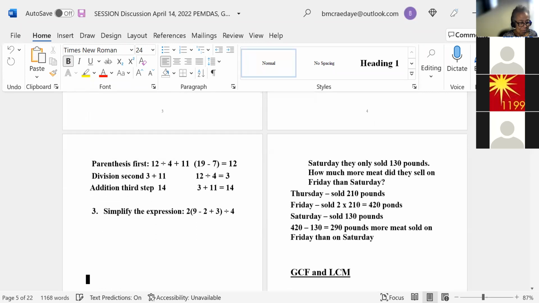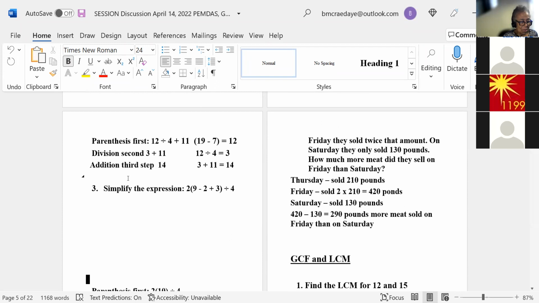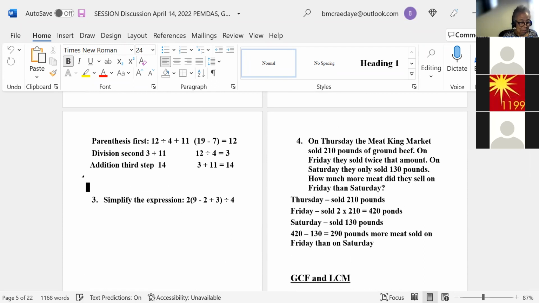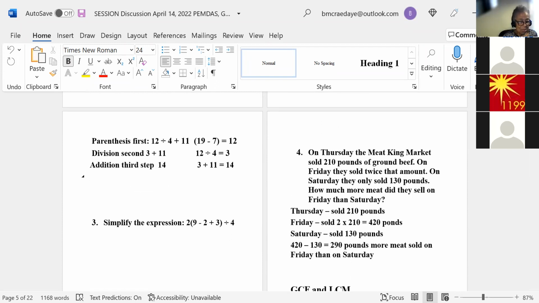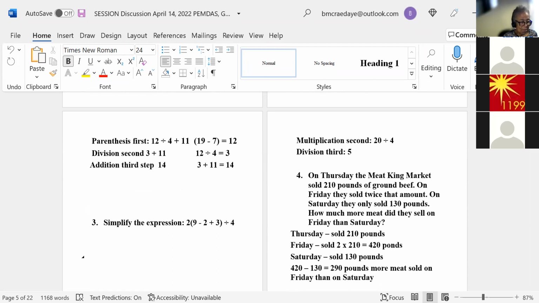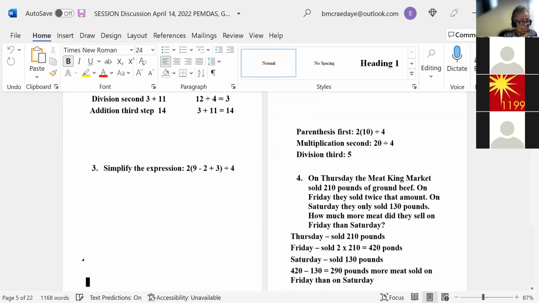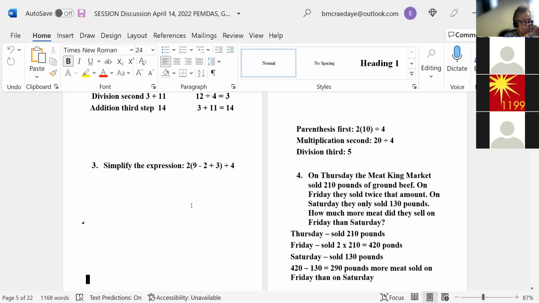Number 3. Here we go. Simplify this expression: 2 times, in parentheses, 9 minus 2 plus 3, and divided by 4.